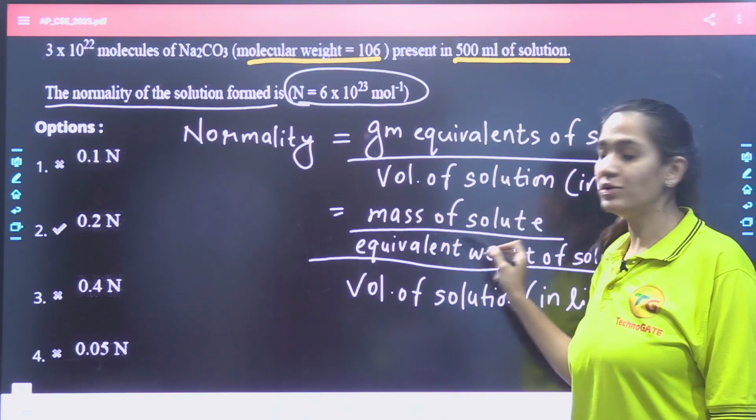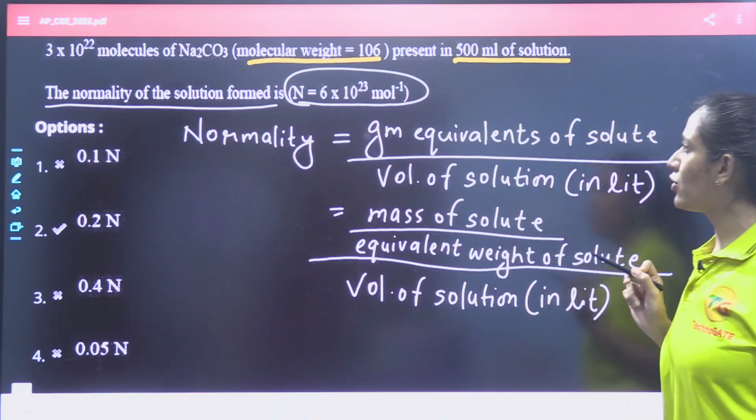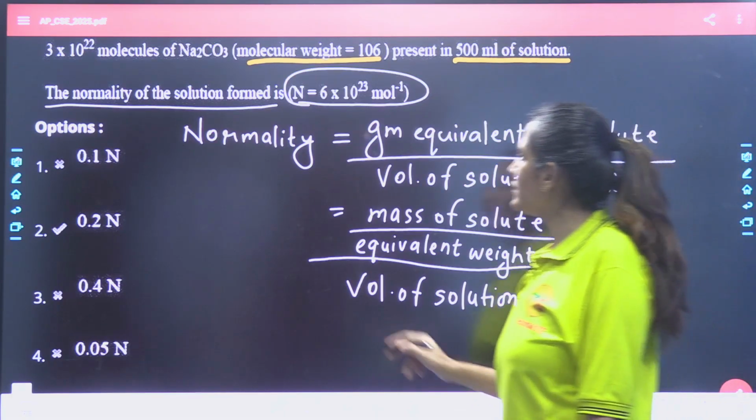The mass of the solute divided by the equivalent weight of the solute.